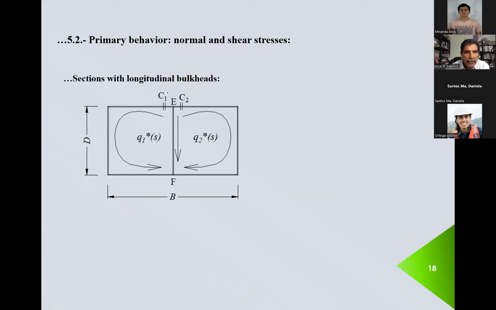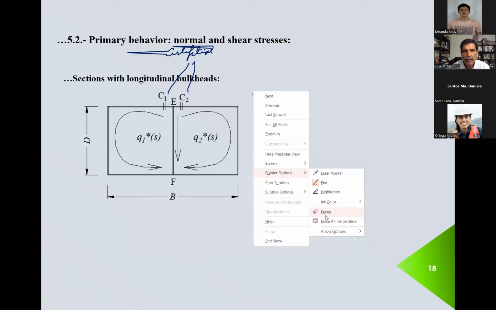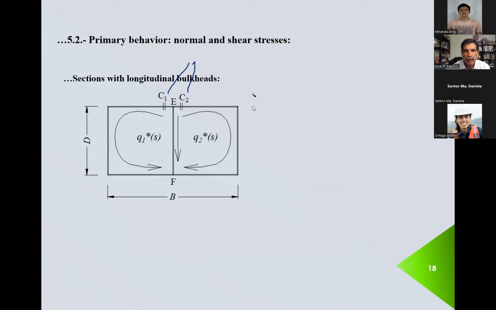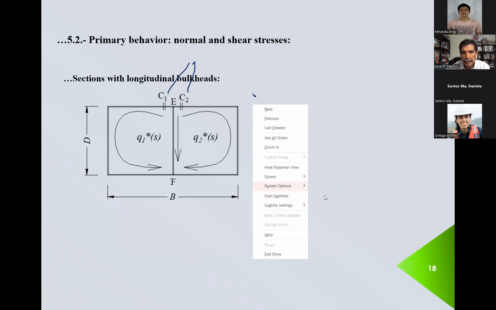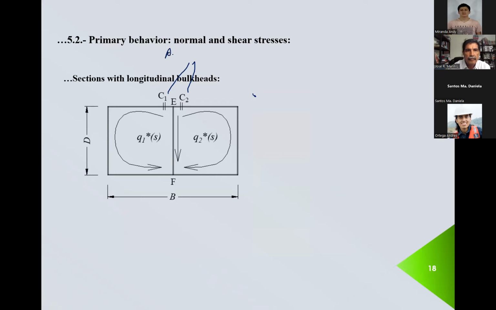We're going to do these 2 artificial cuts. But we know that we could solve completely for Q1 star and Q2 star. So Q1 star and Q2 star are known.